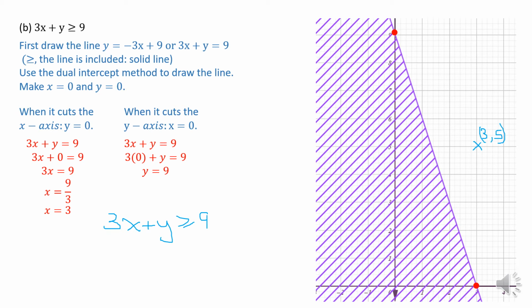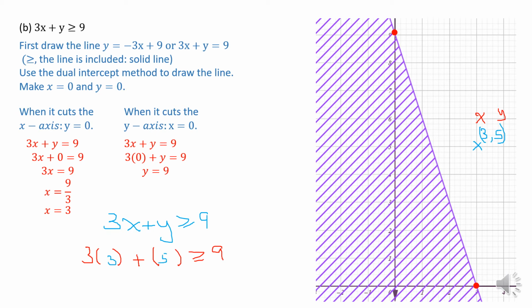All right, so that's the point 3, comma 5, and you must make sure that you don't get confused. This is x here, and that is y. So if I substitute the x value and the y value, remember, if it's true, then it means we shade the opposite, as you can see in my diagram. So if I input the value of x, x is 3 and y was 5.